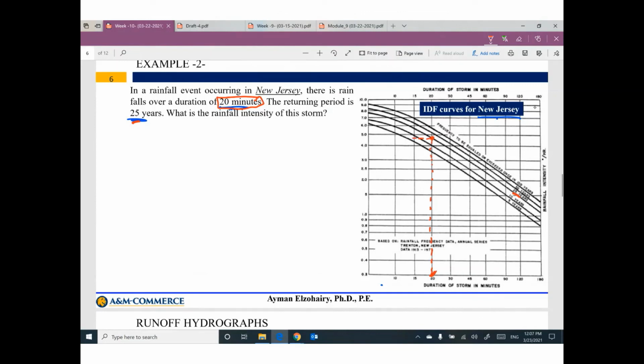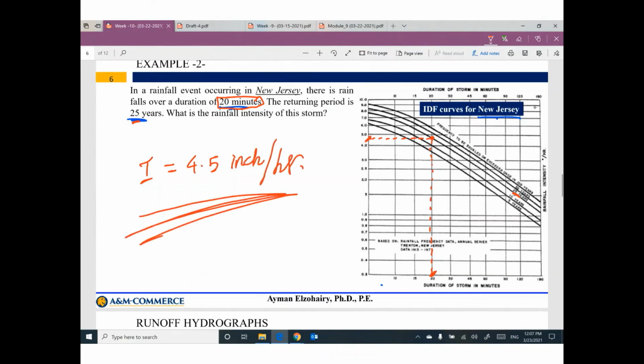Then I will go horizontally to this scale to figure out the intensity of the rainfall equal to 4.5 inch per hour. This rainfall will produce 4.5 inch per hour. Every 1 hour, we can expect 4.5 inch of water. That makes sense?